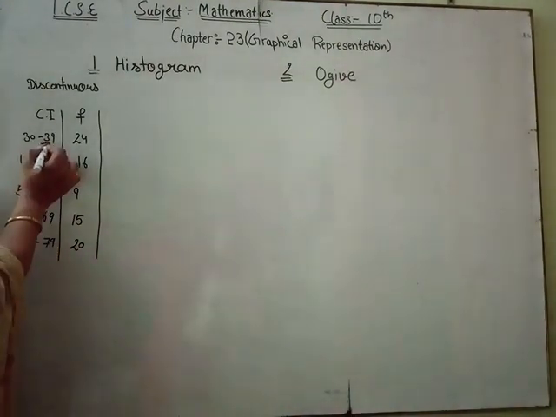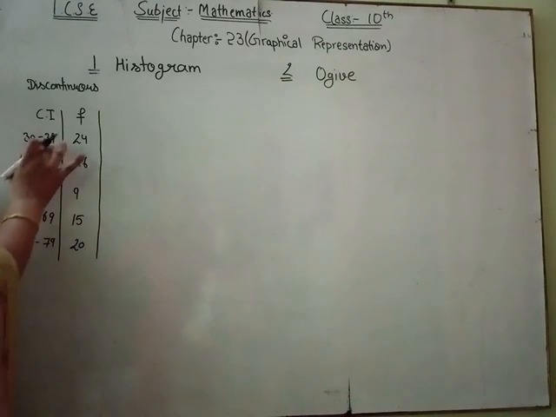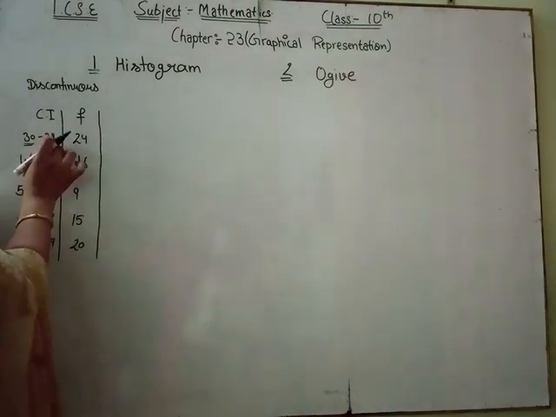Students, this is the upper limit of the first class and this is the lower limit of the next class. I find the difference between them: 40 minus 39, the difference is 1.